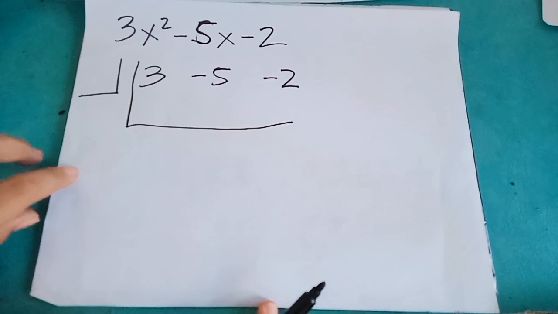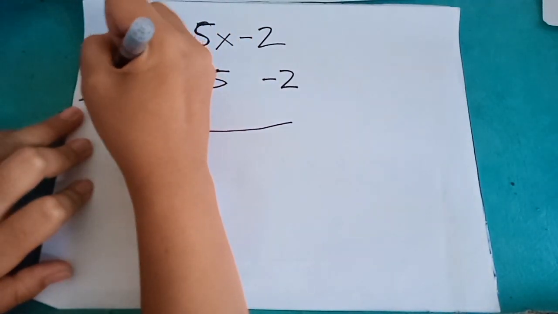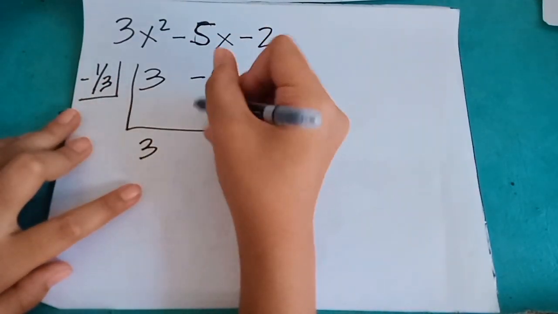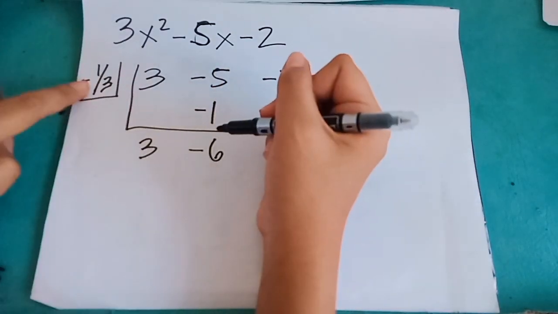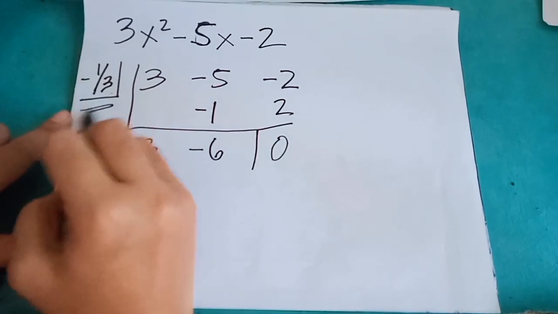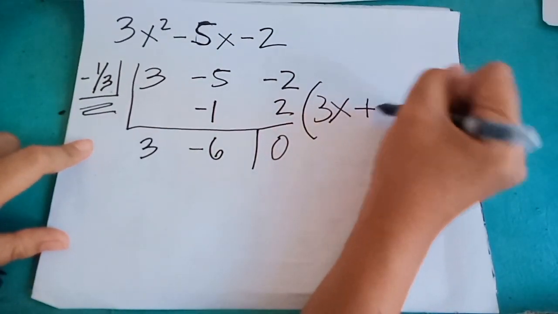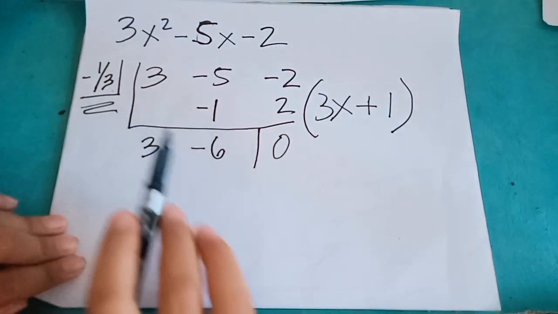Let's use negative 1/3. So bring down 3, multiply, subtract or add, multiply, subtract. So it is 0, so it is a factor. So 3x plus 1 is the other factor.